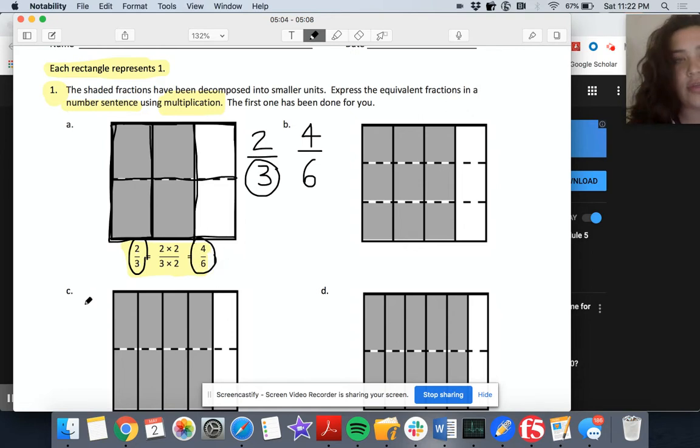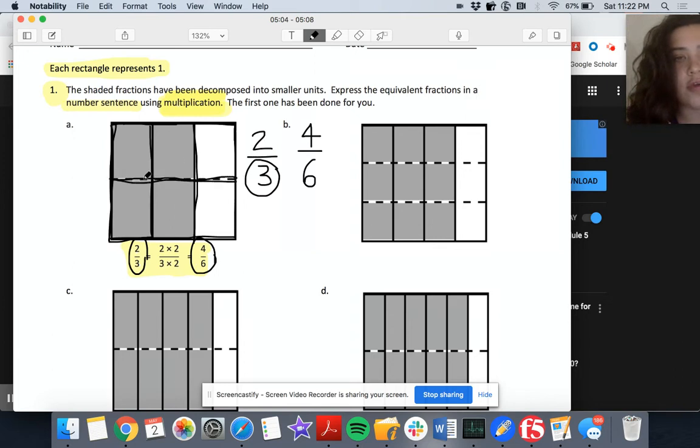How else can we show that? How else can we show equivalent fractions? Well, we can show equivalent fractions also by using multiplication. So they cut each original piece in this one figure in half.